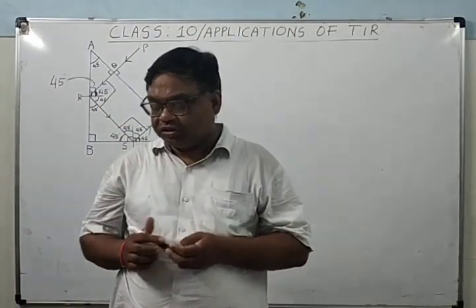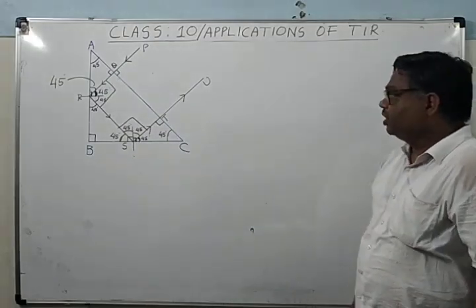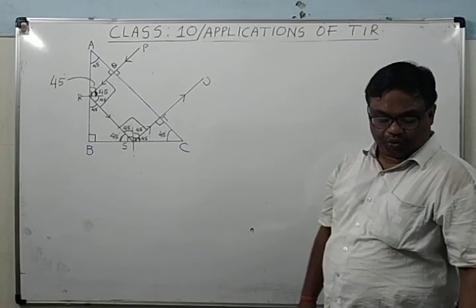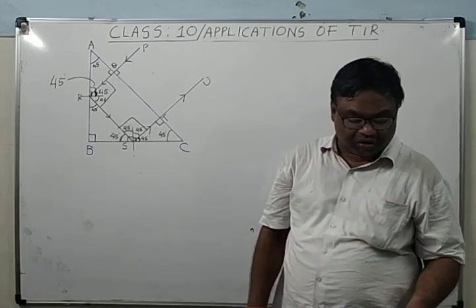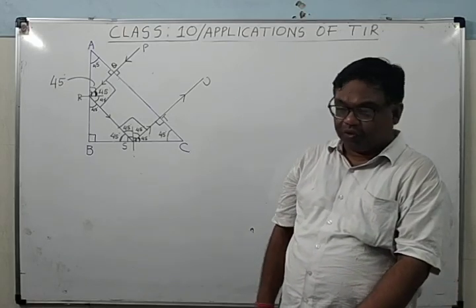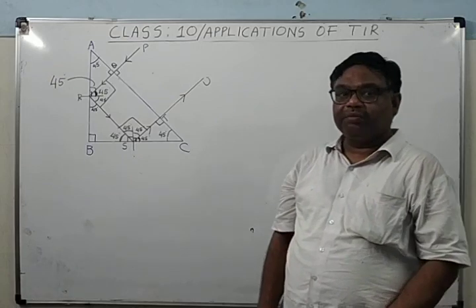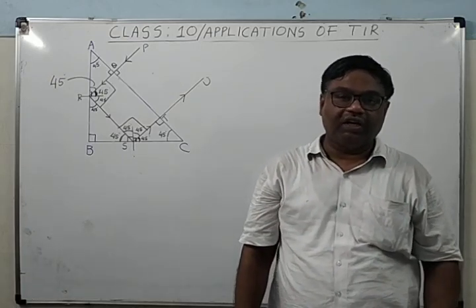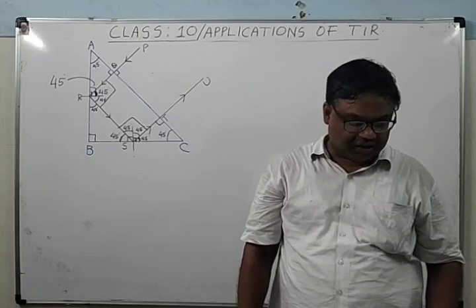It's clear? So this action of the isosceles right angle prism is used in the prism binocular. Now see here what will happen? The prism binocular makes the inverted image erect without the loss of any intensity.